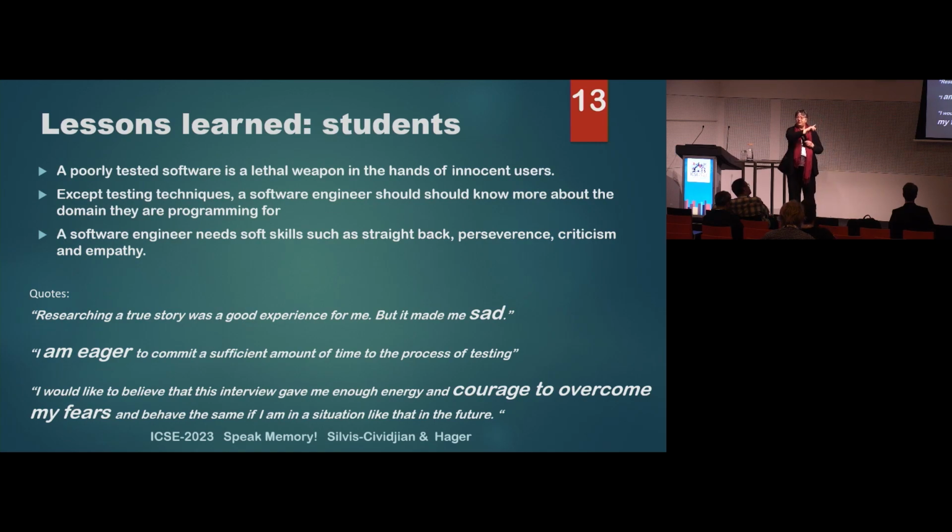The second, the ones who are sitting there behind the computer also have a kind of guilt until their death, in fact. And then what we discovered is that a software engineer should also know more about the domain they are programming for. So you don't only sit behind the computer and write code. You should think about what is the system, what are the risks, what is the energy I'm using, can I kill somebody with my software?